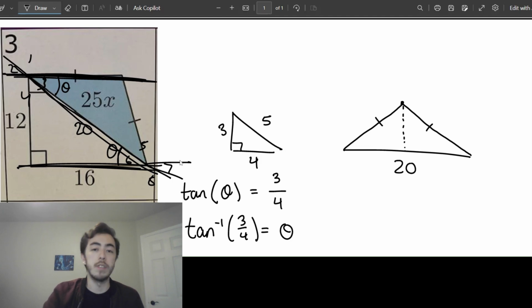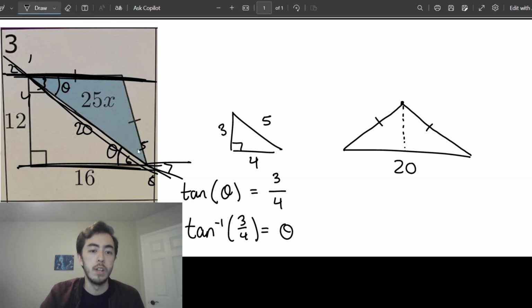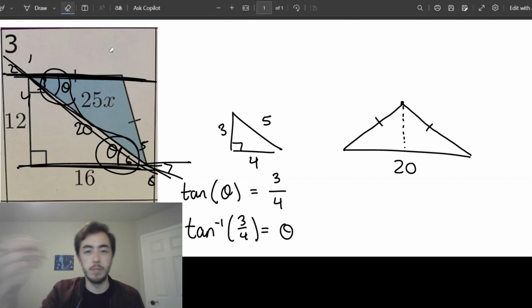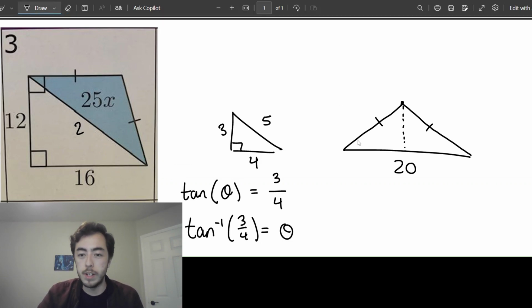And 4 of these angles are all small and congruent, and 4 of the angles are all big and congruent. So I'm taking these small angles, and since I have this parallel line and transversal situation, I know that these small angles are equal to each other. So all of that just means this angle right here is tangent inverse of 3/4.